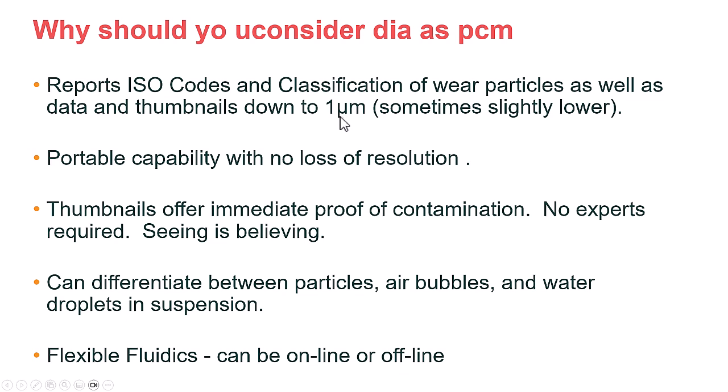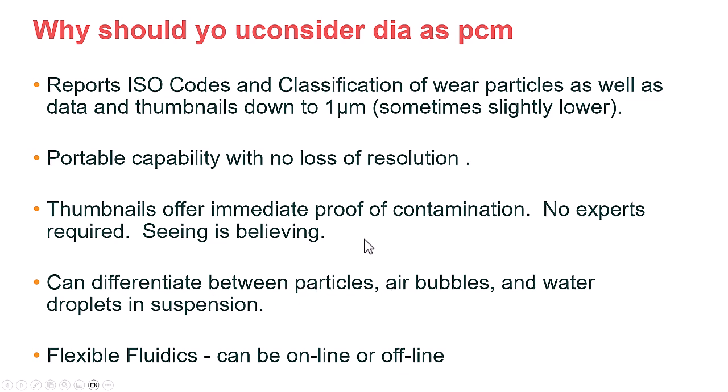This is the technique that lends itself to being portable, so you can do this test at the point where the machinery is. Having the thumbnail images offers immediate proof of what's in your oil. Is it something you should worry about or not? You don't have to be an expert. A picture says it right there. And it can differentiate between bubbles, water droplets and real particles.